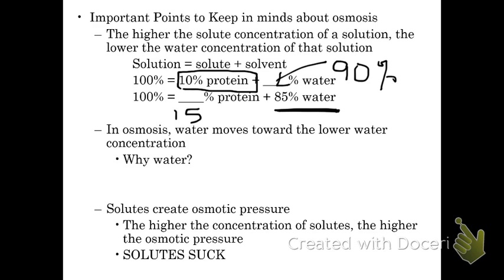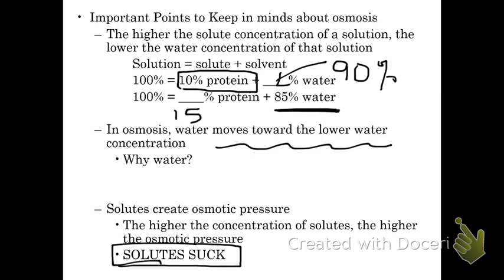What happens in osmosis is that water will move toward the lower water concentration. In other words, water will move from where water is in higher concentration to where water is in lower concentration. Again, think only about the water molecules. Now, the phrase that I have always used to describe this and what helps me remember this is that solutes suck.